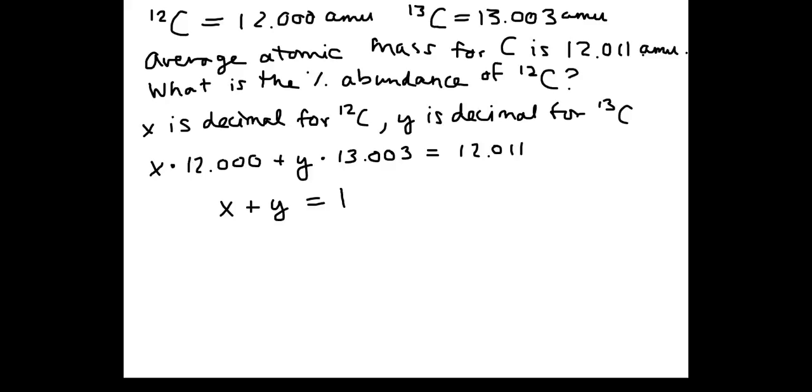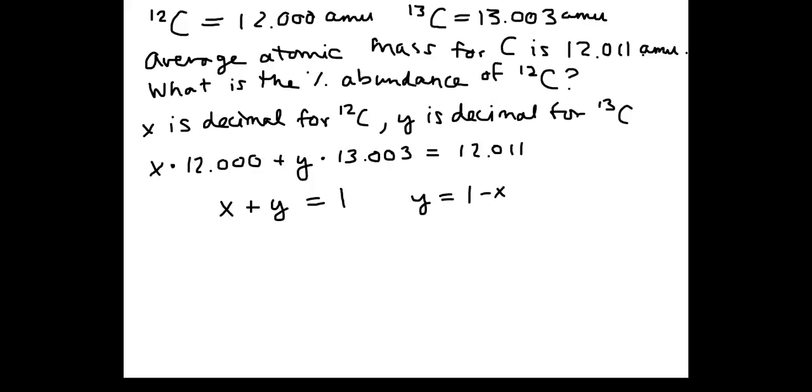Do you remember how to solve these? Solve for 1 variable and substitute? Yeah, so I'm going to solve for Y. I'm going to subtract x from this side. Y is equal to 1 minus x, and then I'm going to substitute it in.